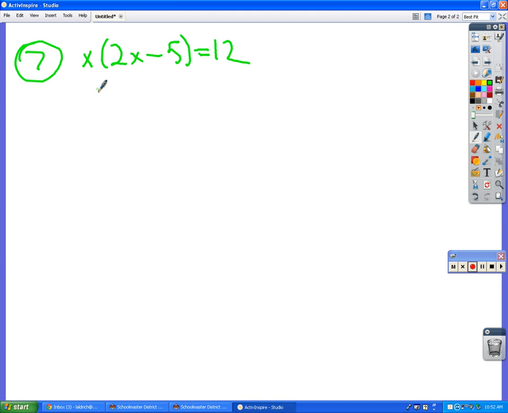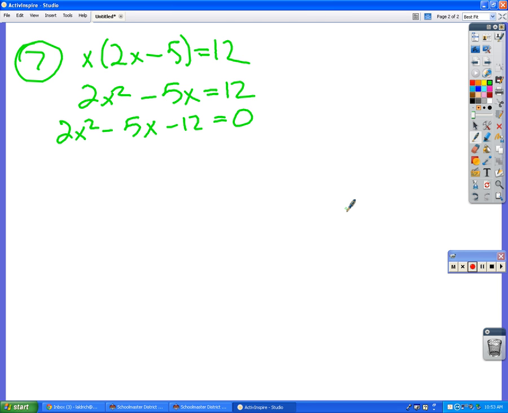So x times 2x is 2x squared, minus x times 5 is 5x, and that still equals 12. Subtract 12 from both sides to get it into standard form. So it looks like that. Okay? So, Kara, what are A, B, and C?